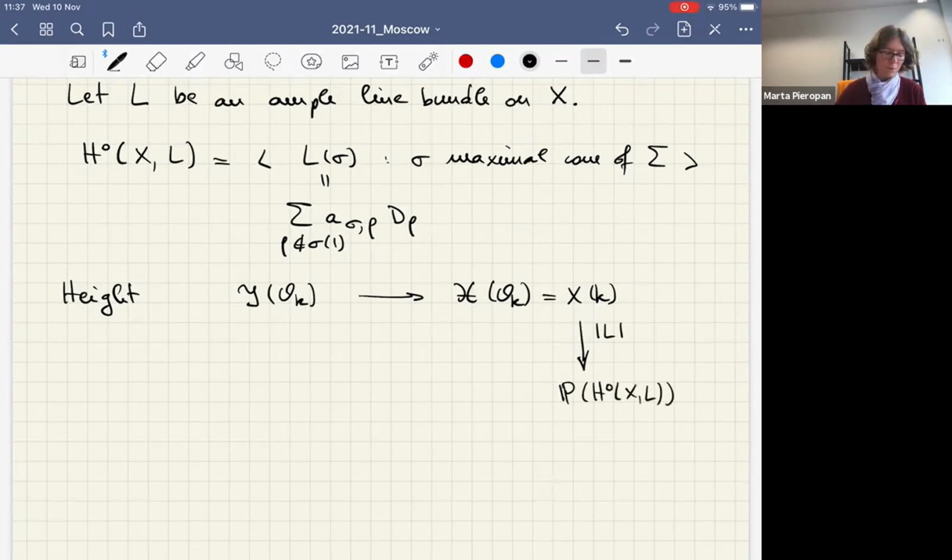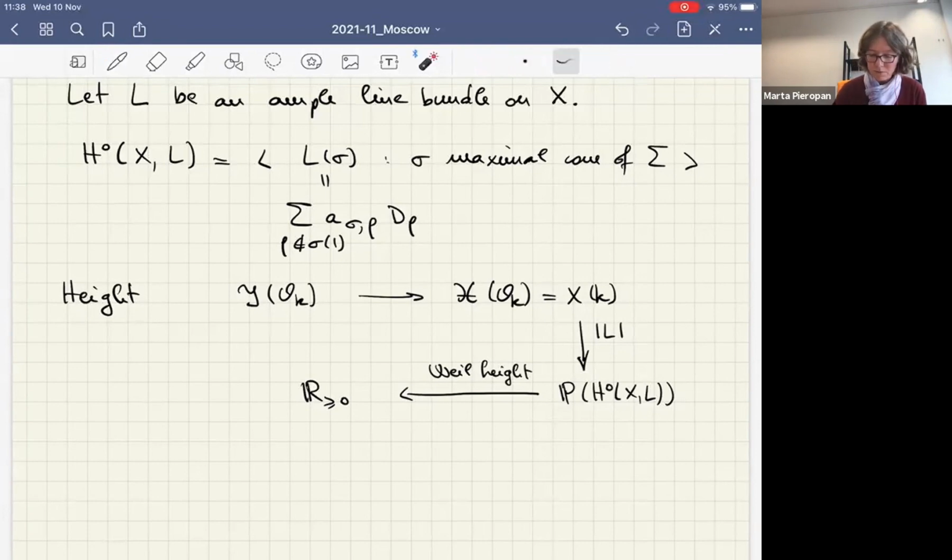We use this basis of sections given by the effective divisors that I just defined. And then on any projective space, we have a standard Weil height, which we can use by composition to define a height on X. The height is just a map from the set of rational points to the real numbers, with a very nice property that whenever we fix some number, then we have a finite number of points with height at most the given fixed number.